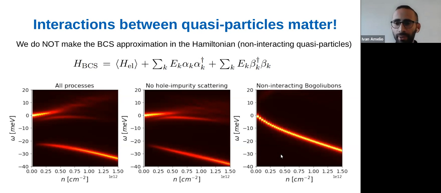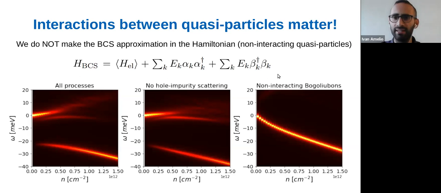The third panel is what one obtains if one considers non-interacting quasiparticles. I mean that sometimes in textbooks, one sees the BCS Hamiltonian in this way. One takes the full Hamiltonian, does the mean field approximation at the level of the Hamiltonian, gets a quadratic Hamiltonian, diagonalizes it, and finds something that describes the evolution of three quasiparticles.